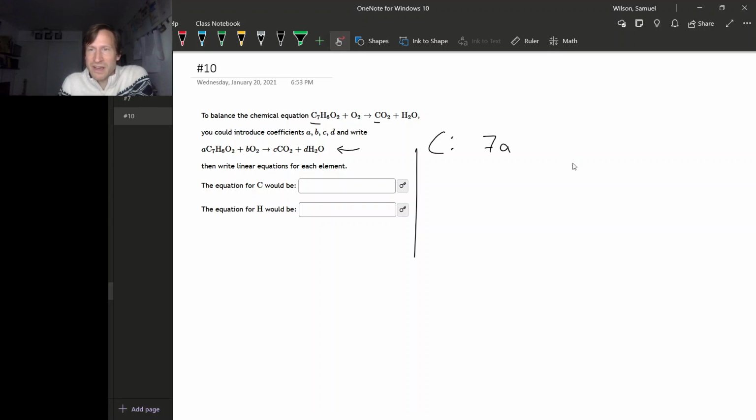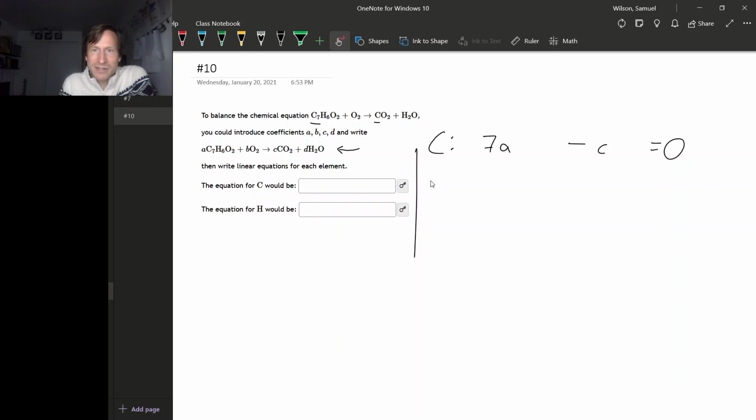So for products, for carbon, we only have minus, because it's a product, C times 1, equals 0. This difference has to be equal to 0 because we should have the same number of carbon atoms at the beginning and at the end, because this is a chemical reaction, not a nuclear reaction.